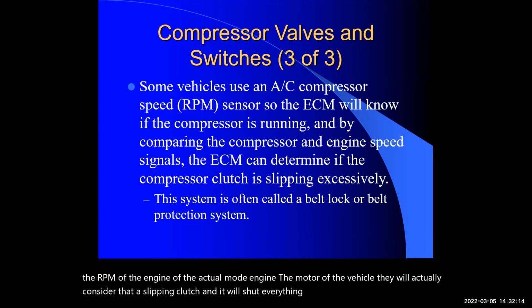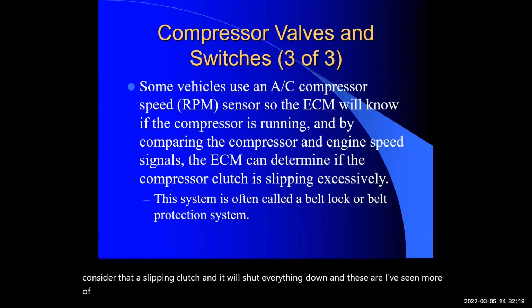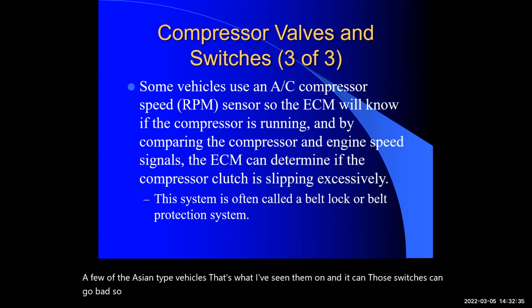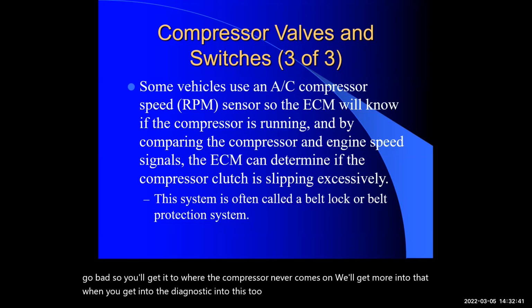I've seen more of these on Acuras, Toyotas, a few of the Asian type vehicles. Those switches can go bad, so you'll get it to where the compressor never comes on. We'll get more into that when we get into the diagnostics, but this is some of the things that we look at.